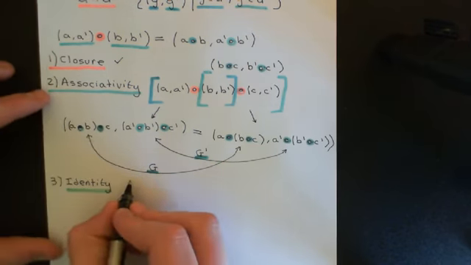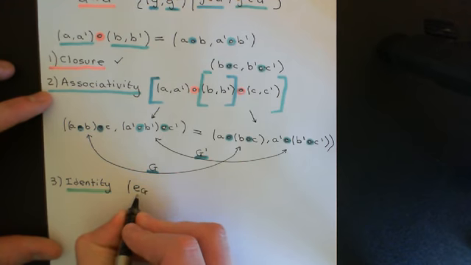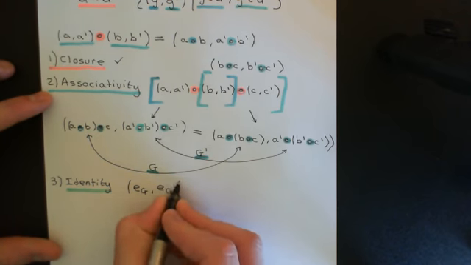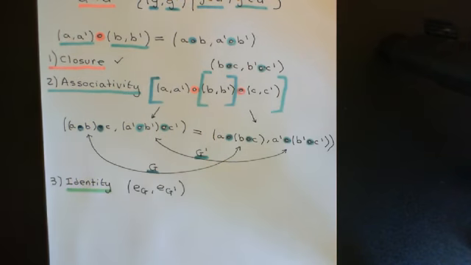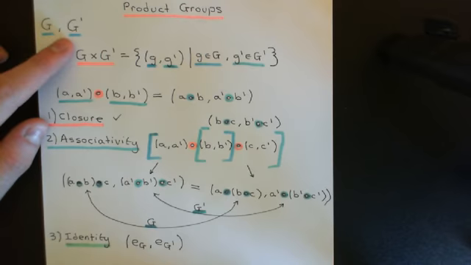Quite simply, the identity in our new product group is going to be where we have the identity from the first group in the first position, and then the identity from the second group, capital G prime, in the second position. So quite simply, these two groups are groups, so they have an identity element.